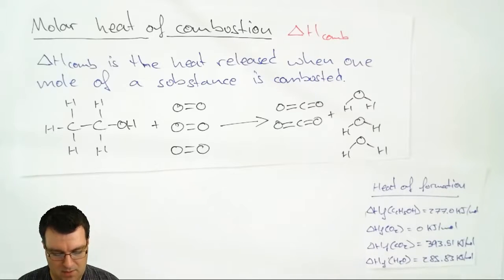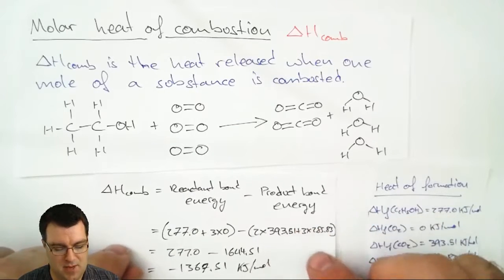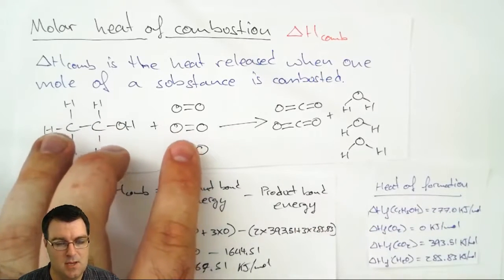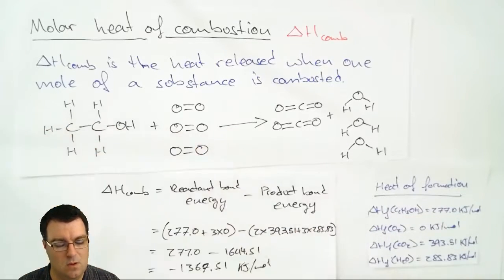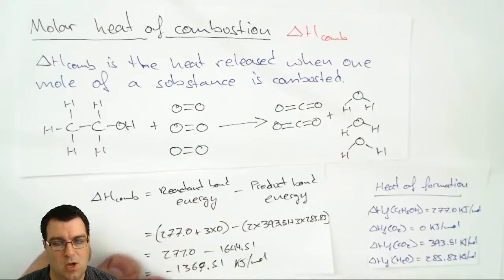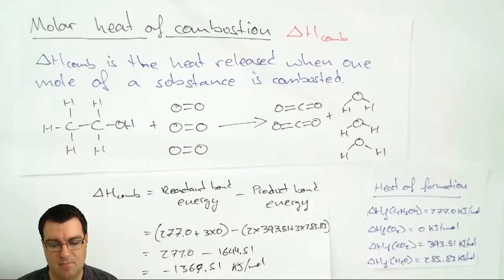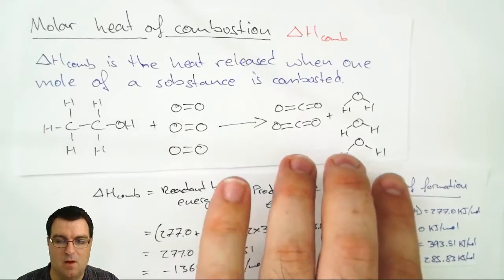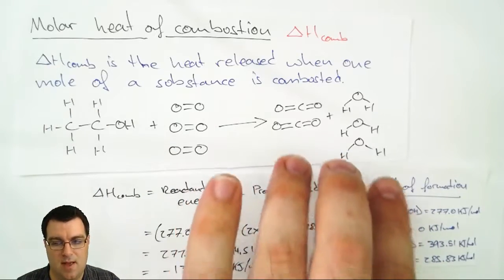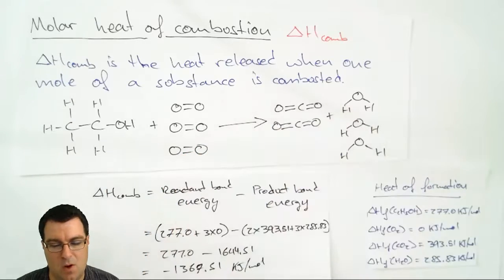So if we take a look at this, we look at our combustion as being the total amount of energy in these 2 chemical species just here, our 1 mole of ethanol and our 3 moles of oxygen, and we subtract from that the total amount of energy in our products, our 2 moles of carbon dioxide and our 3 moles of water.